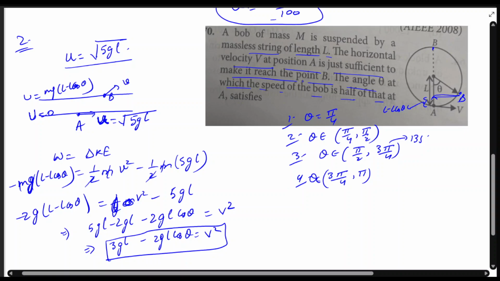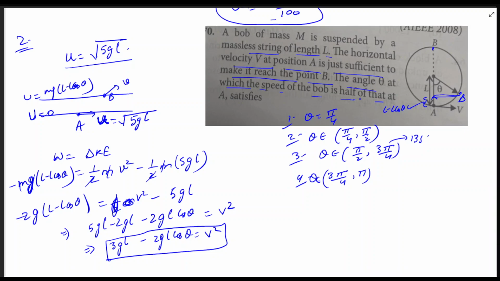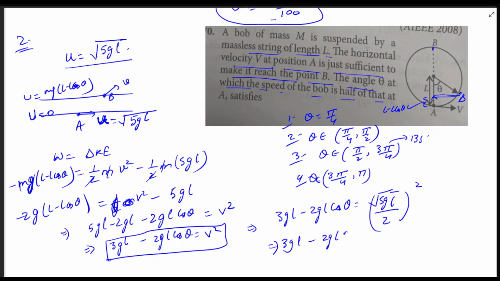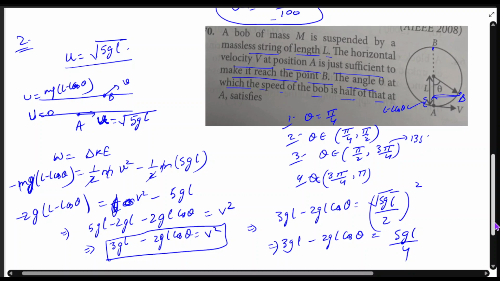Now in the question it is given that at point B, we have to find the theta such that the speed of the bob is half of that at A. At A the speed was root 5gL, so it will be half of that. So we get 3gL minus 2gL cos theta equals (root 5gL by 2) whole square. So we're left with 3gL minus 2gL cos theta equals 5gL by 4.